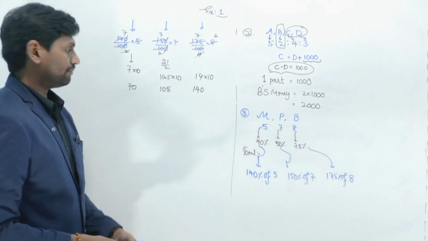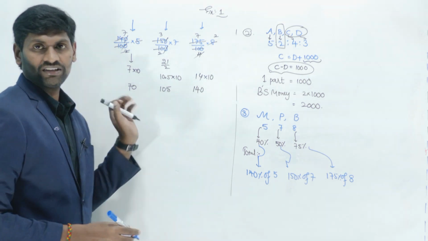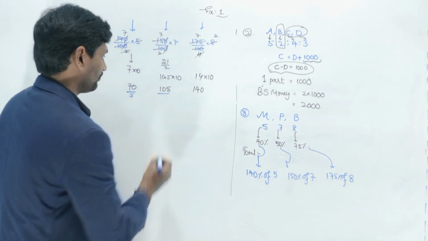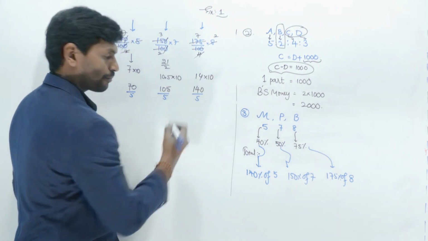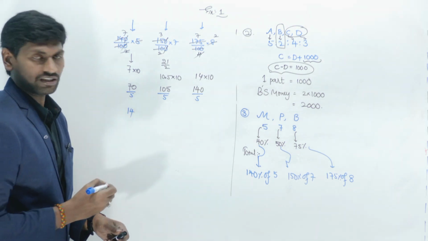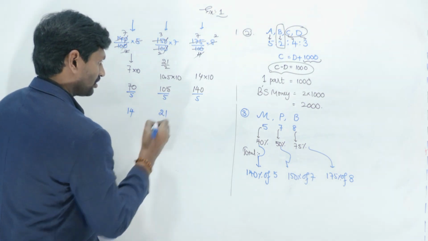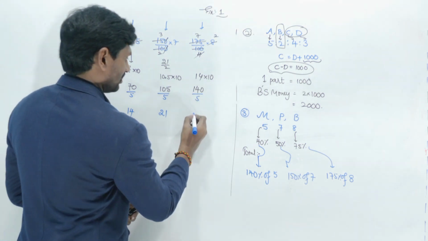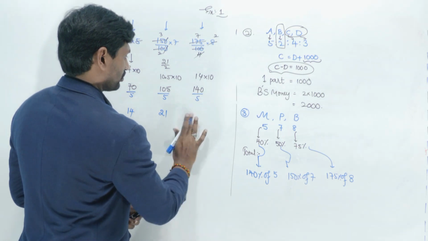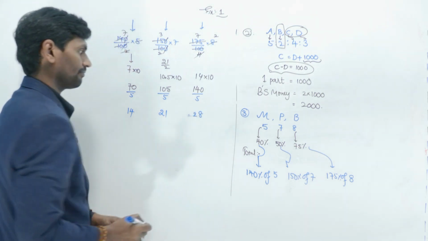Now divide by 5, because 5 table can be cancelled in every one. So divided by 5 for getting the ratio in simplest form. Yeah, 5 table here exactly 14 times. Correct? Yeah. This one 21 times. This one, 5 fives are 25, 28.